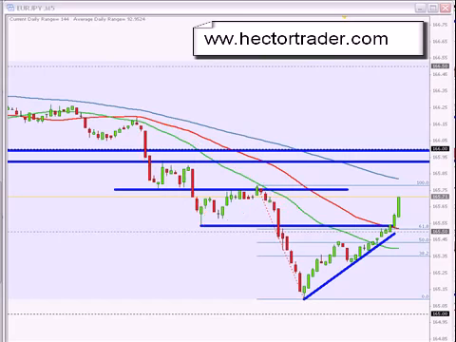We have a previous double bottom here, former support, now working as resistance. Also, this is the 50% Fibonacci level. I've measured it already. And of course, the dynamic area of resistance. Okay, we have a trend line break right there.